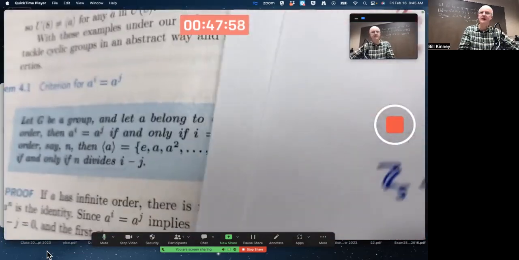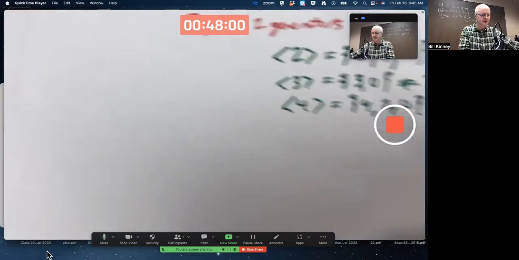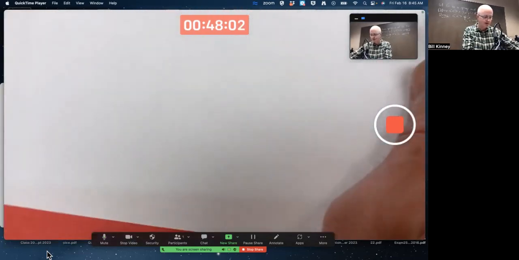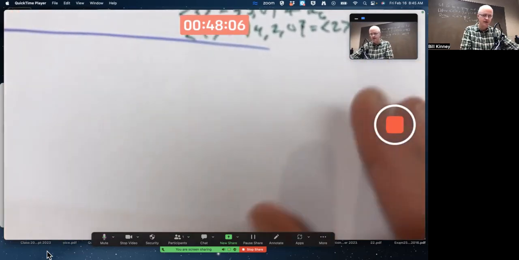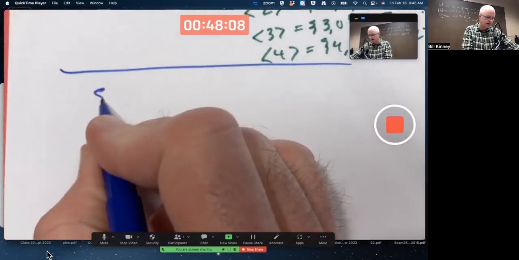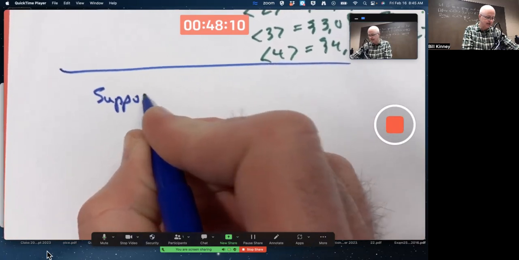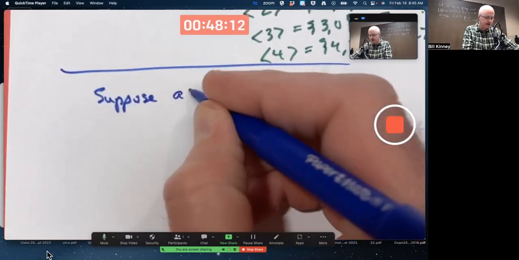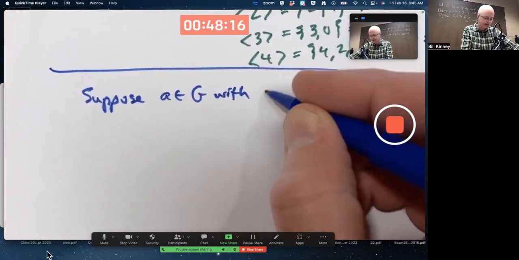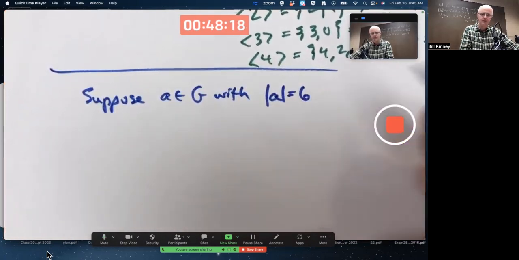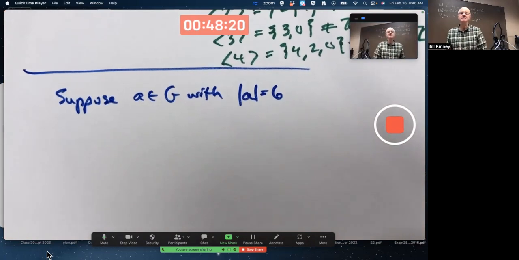It's the first bit of advice about wrestling with the theory in this chapter. Suppose A is an element of G with, say, order 6. I'm not saying what the group is.